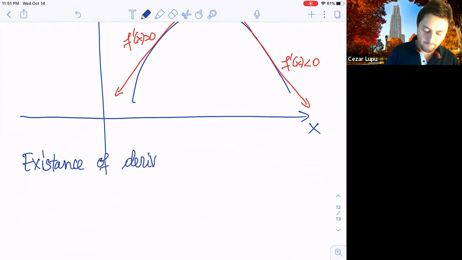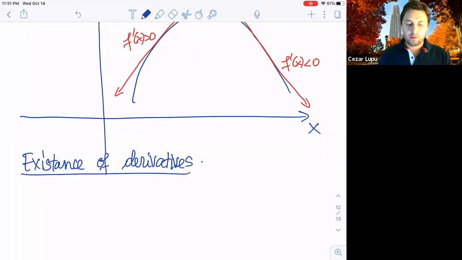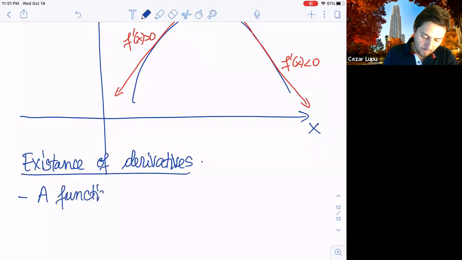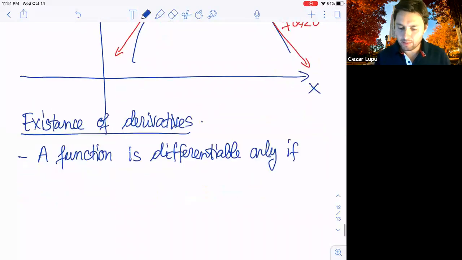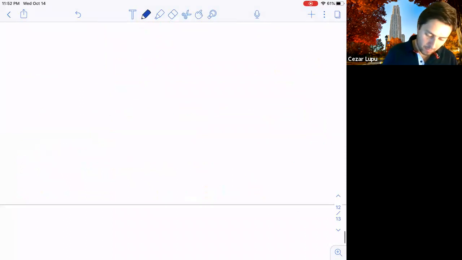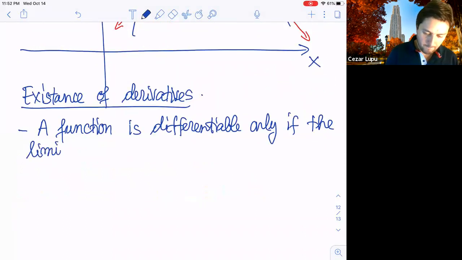So we can say the following: a function is differentiable only if the limit in the definition of the derivative exists.